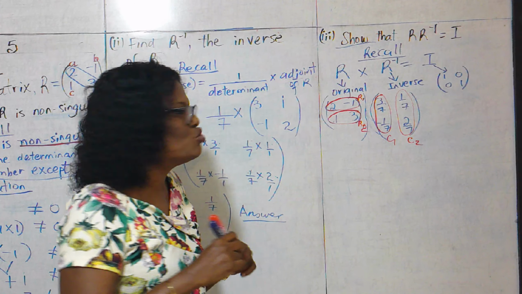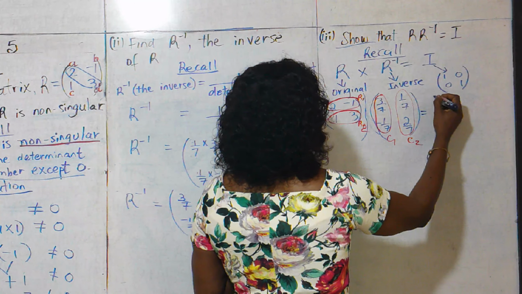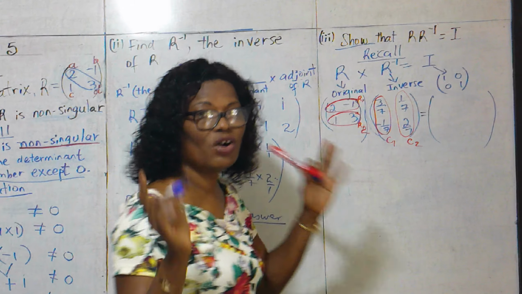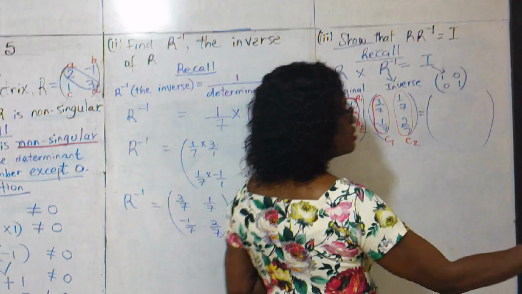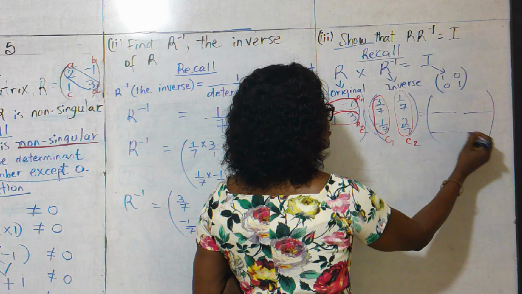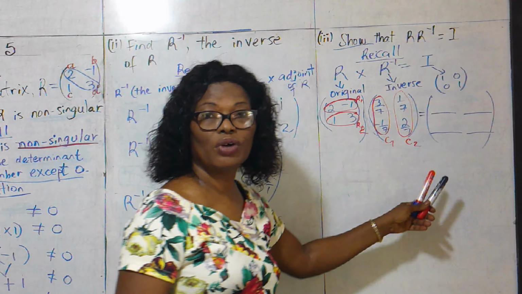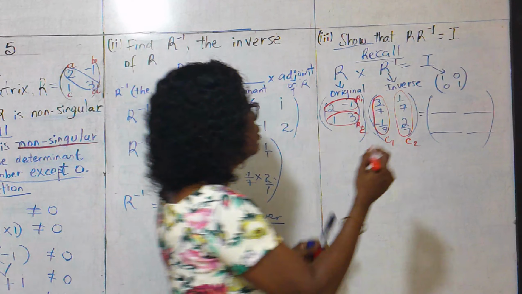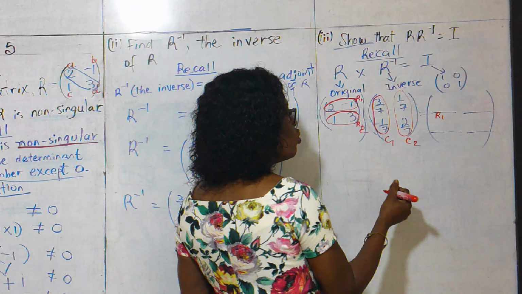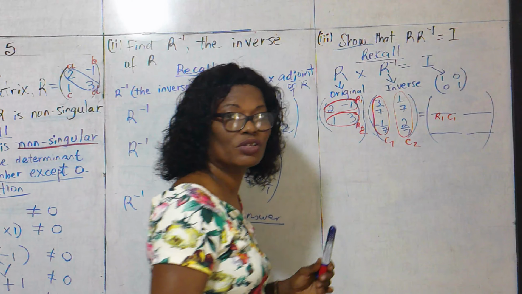And so that you don't get lost, our answer is always going to be a 2 by 2 matrix. Okay? So I'm going to make life easier for you. That's 2 rows and 2 columns. So for the first element, we are going to multiply row 1 by column 1 and add the results.